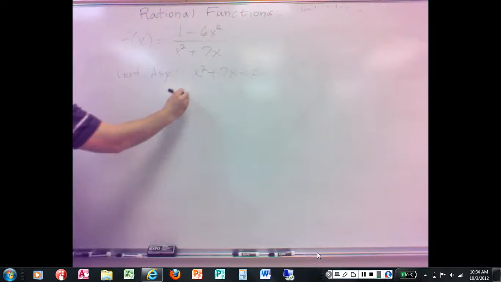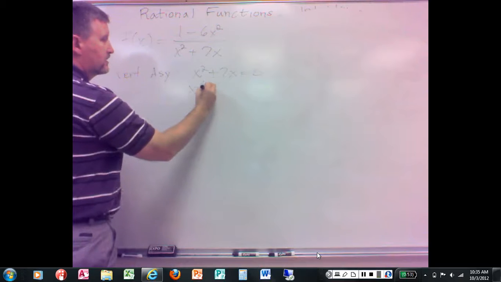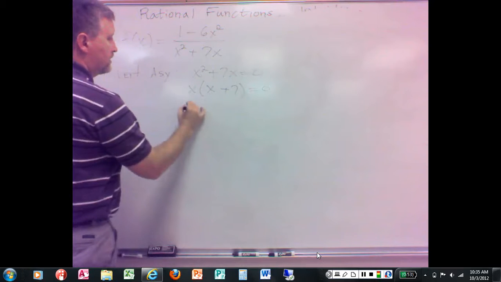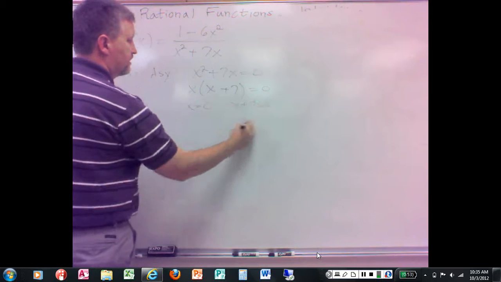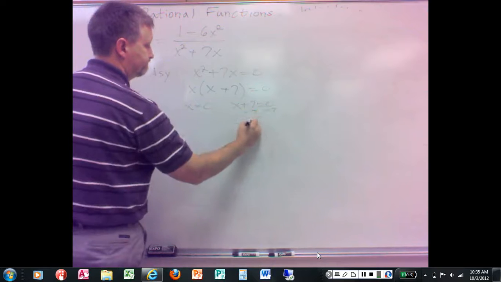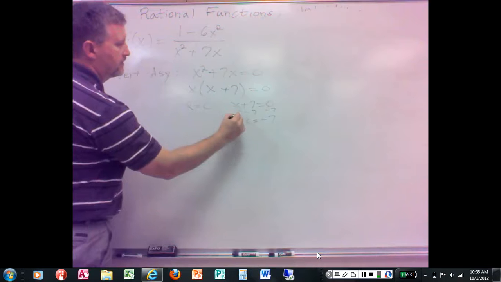Got a common factor of x, don't I? So factor off an x. We get x times x plus 7. That sets up x equals 0, x plus 7 equals 0. So one of my vertical asymptotes is 0. What's the other one? Negative 7. So I've got vertical asymptotes 0 and negative 7.